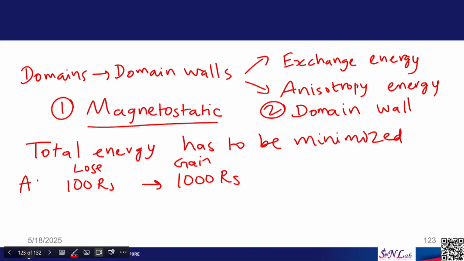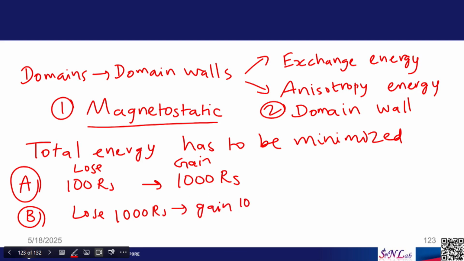You do some task A, you lose 100 rupees, gain 1000 rupees. You do task B, you lose 1000 rupees, gain 100 rupees. So, which one will you do? Obviously, task A, right.